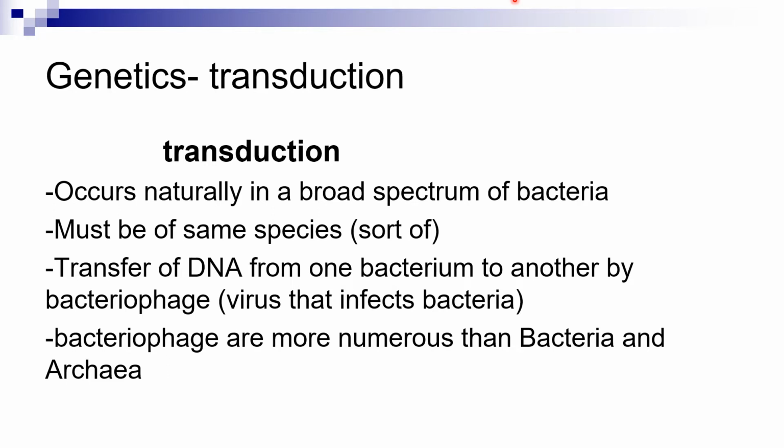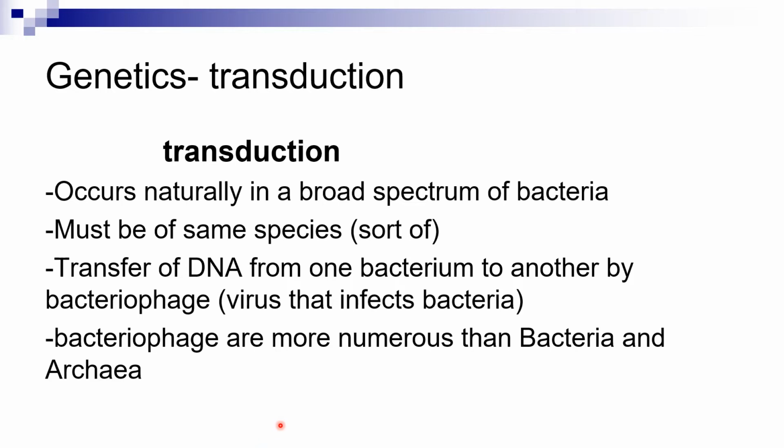There's a little bit of question about that, but for the most part, if a virus can infect E. coli, then it will only infect E. coli. But then there's the transfer of DNA from one bacterium to another by that bacteriophage.